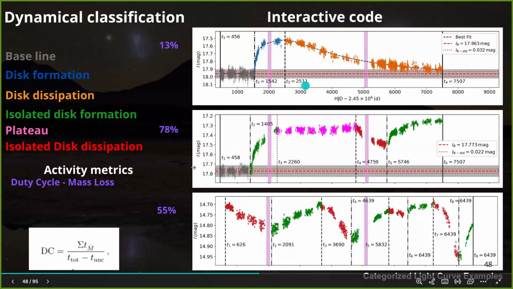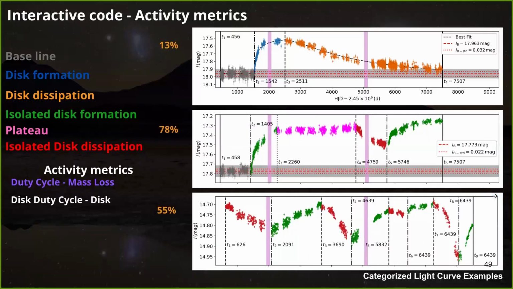All those three light curves are pole-on oriented. I forgot to mention that. So when the disk emerges, the brightness increases. Well, the second activity metric is the disk duty cycle, basically.